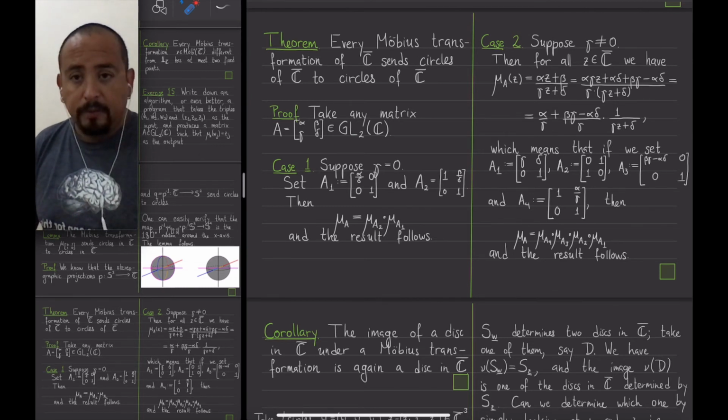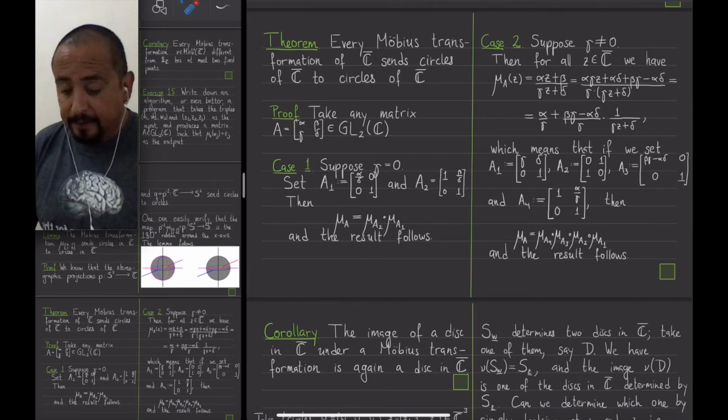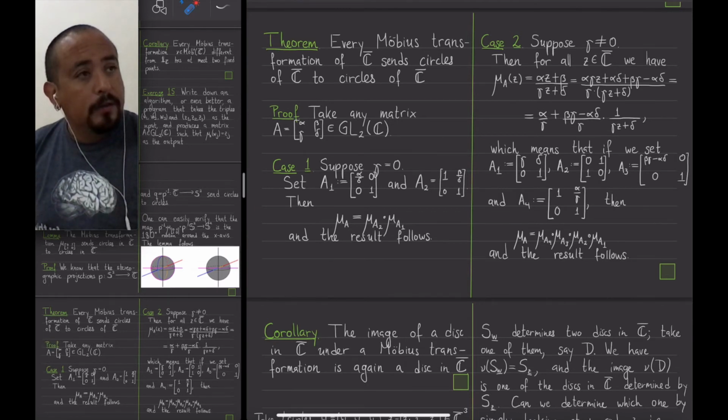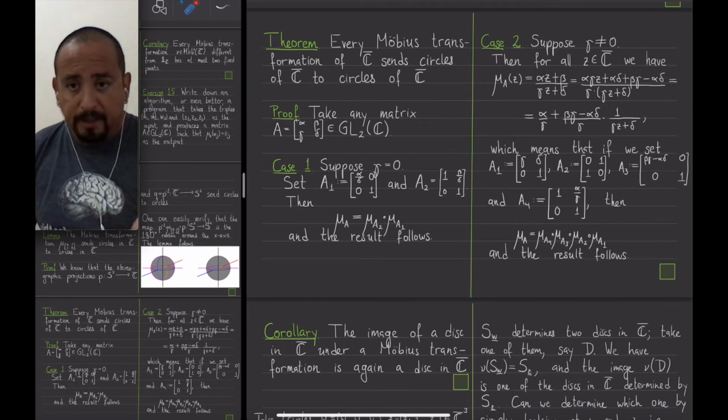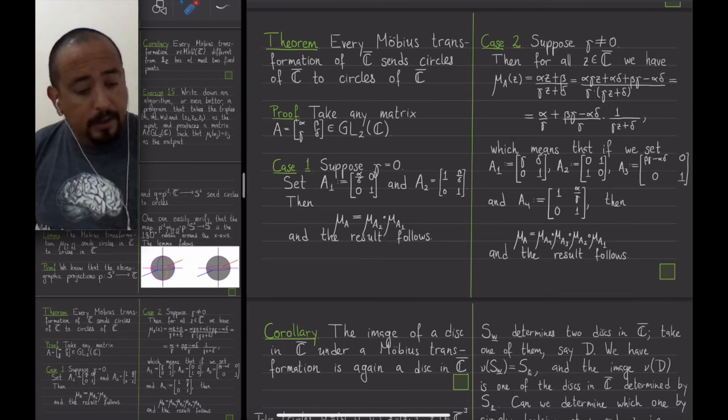So the result follows. Okay, so let us now show that any Möbius transformation takes disks in C bar to disks in C bar. That is, that the image of any disk is a disk. Okay, so take your Möbius transformation. That Möbius transformation is a self-homeomorphism of C bar, and take a circle.